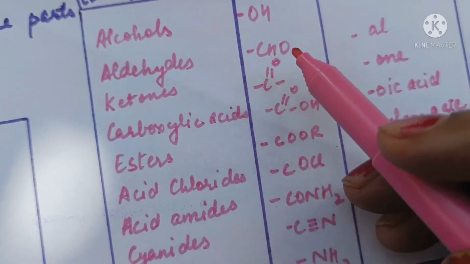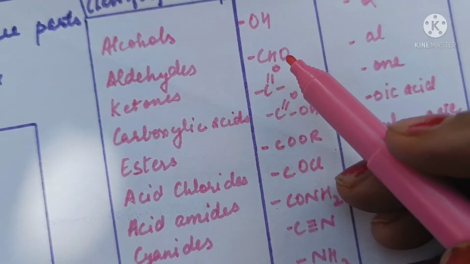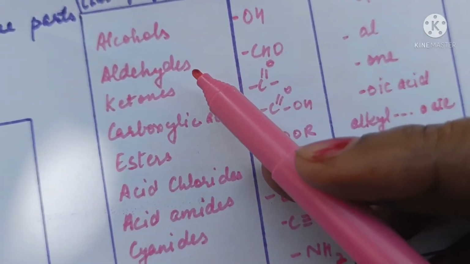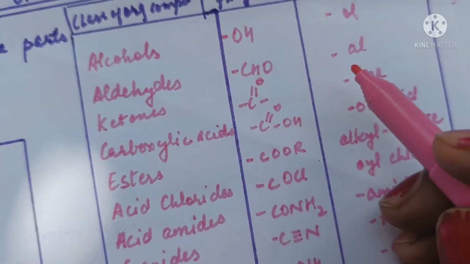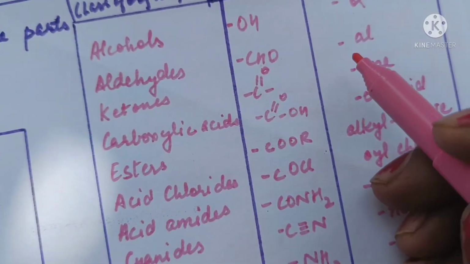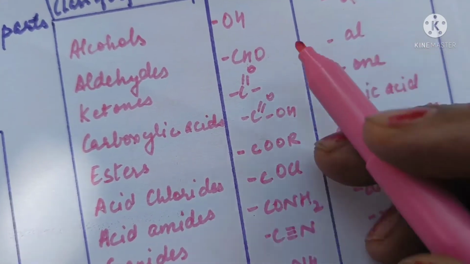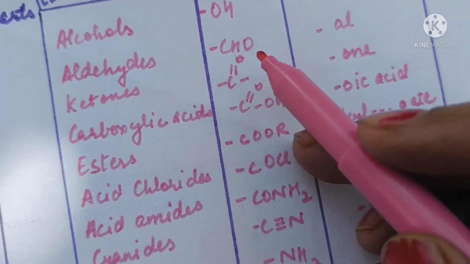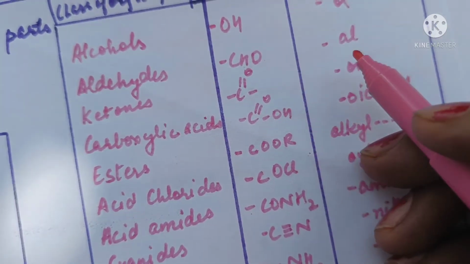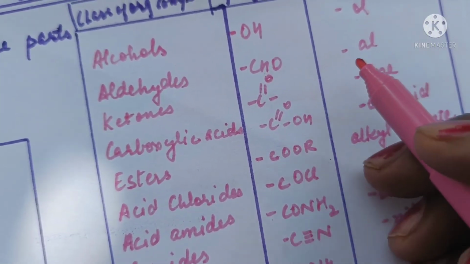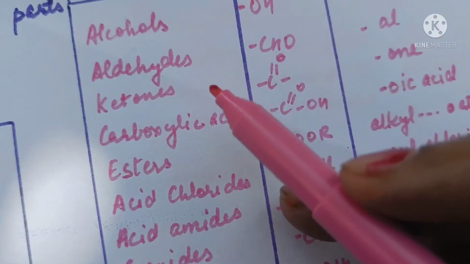Similarly, if the functional group is CHO group or aldehydic group, the class of compounds is aldehydes and the suffix is al. So CH3CHO will be called ethanal. Eth for word root of 2 carbon atoms, ane for single bonds, and al as suffix for aldehydic group.